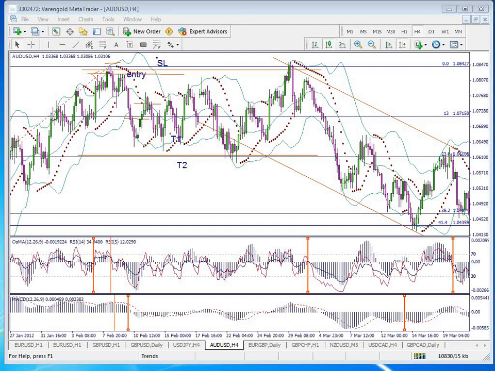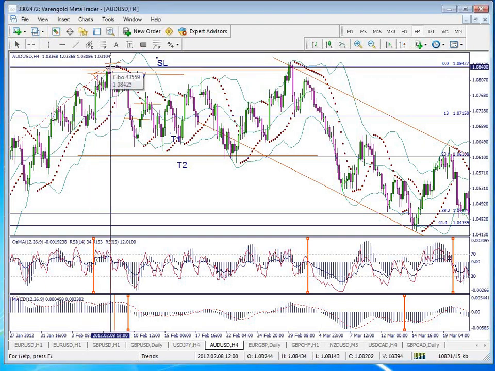Stuart asks, when you reach target 1, should you use a trailing stop? And if so, what distance? For a trailing stop, you have to adjust it according to the time frame. But also, you have to look at the important Fibonacci levels.